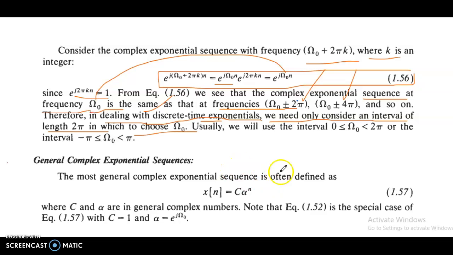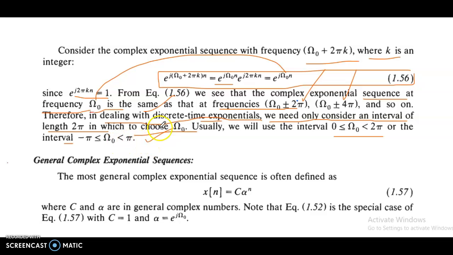Usually we will use the interval 0 to 2 pi, that is 0 is less than or equal to omega naught less than 2 pi, or the interval minus pi to plus pi, that is minus pi is less than or equal to omega naught less than pi.